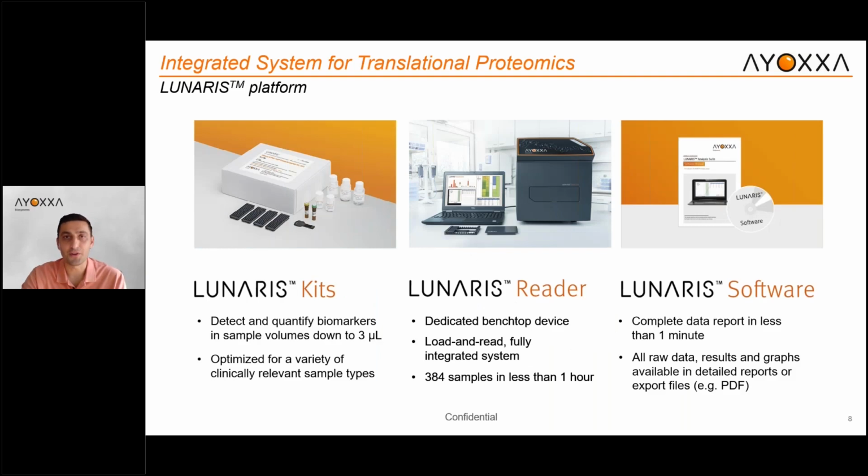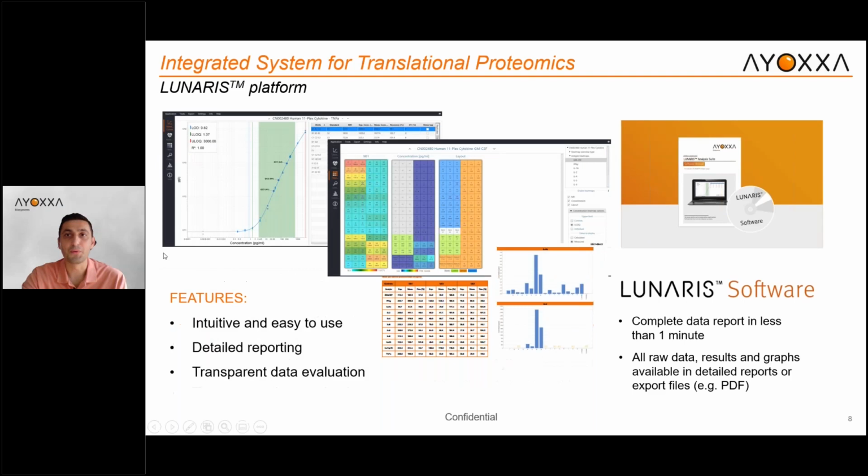And lastly, our software. This program is very easy and intuitive to work with, but the best part, in my opinion, is that you are greeted right off the bat with the standard curve results after uploading your experimental files. From there, you have the option to view your results either in the heat map setting or within the standard curve as shown here.